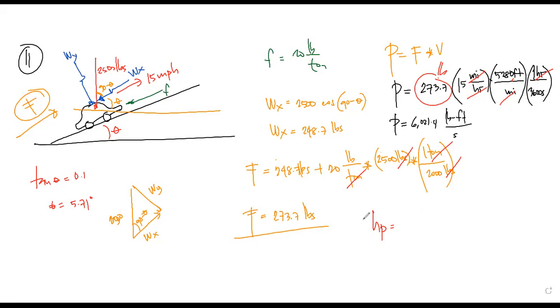So 1 HP is equal to 550 pound foot per second. So we can have the HP rating, no?